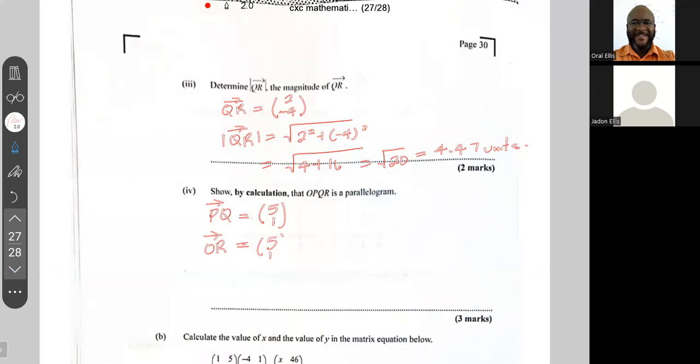So these two vectors are equal and parallel, and they are on opposite sides of a quadrilateral. So what that means is that the line PQ and the line OR are equal and parallel.